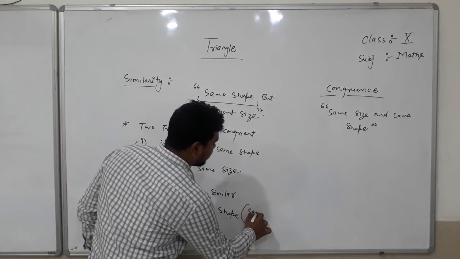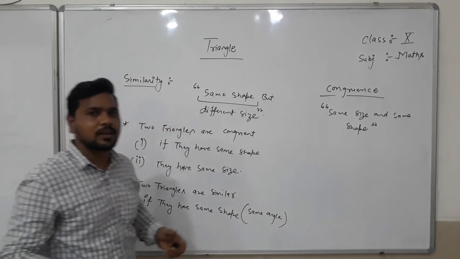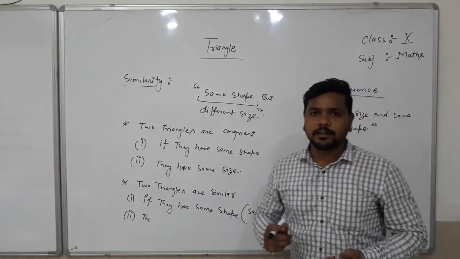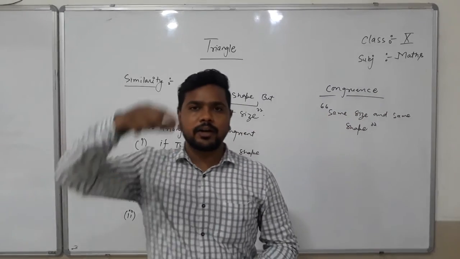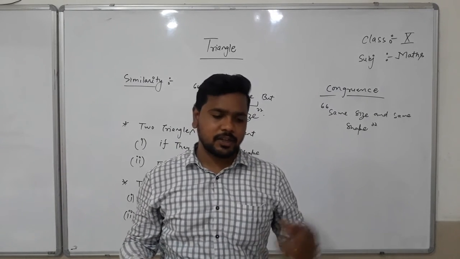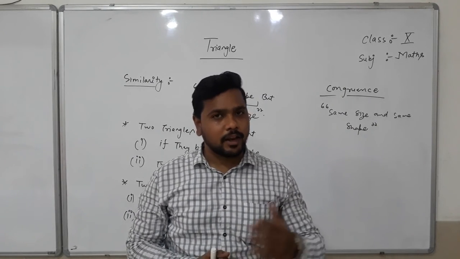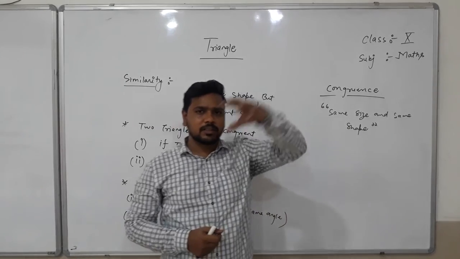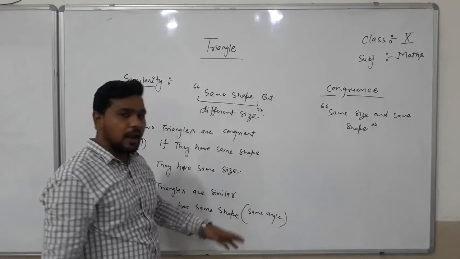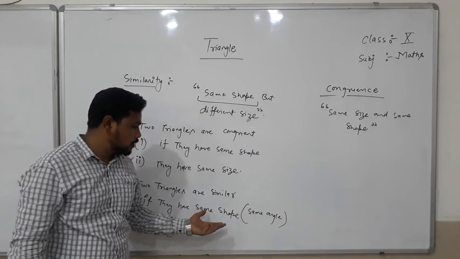We can say the same angles. If the angles of two triangles are the same, then they will definitely have the same shape. Like you have an equilateral triangle: the upper angle is 60, the left angle is 60, and the right angle is 60. And you take another triangle, whose angles will also be 60 and 60. So both triangles will be similar because they have the same shape.